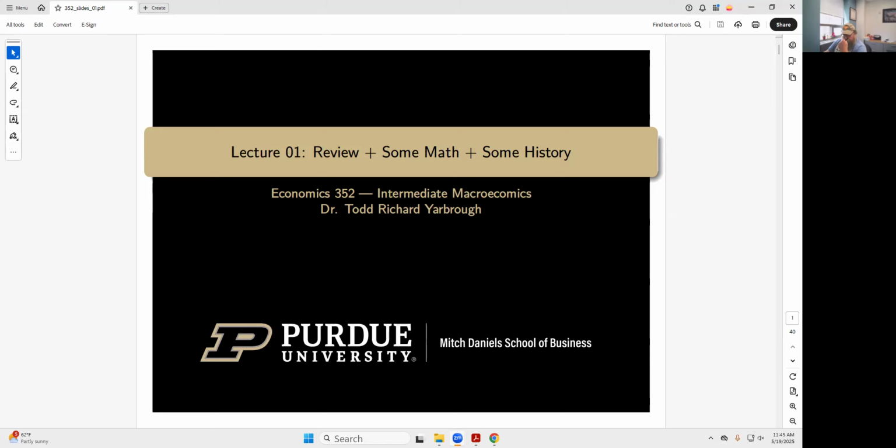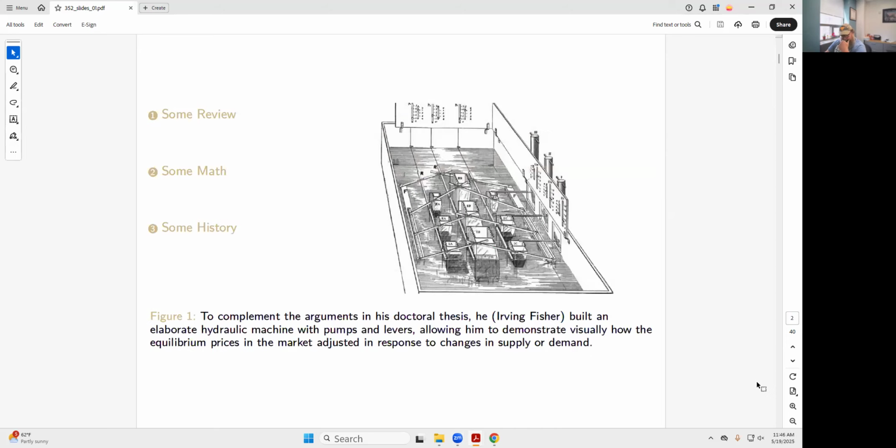I think the first thing that we want to do in a class like this, a class that's supposed to be part of a sequence of classes, is make sure that we have that sequencing, make sure that we have the ideas that we want to have in our mind. What we'll do here is cover some basic economic ideas.